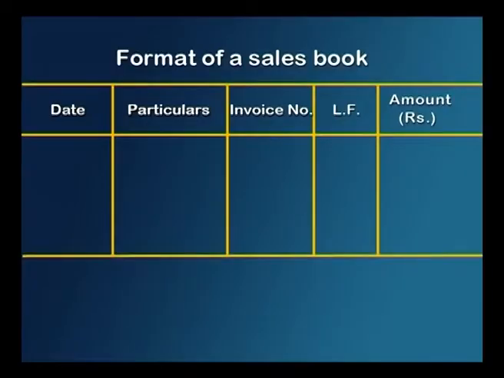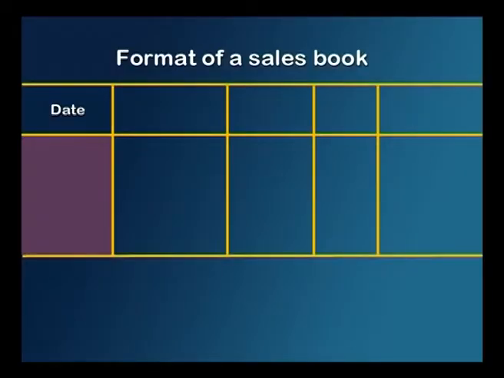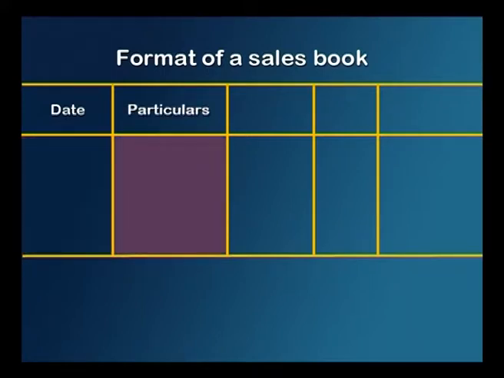The date column shows the date on which the sale transaction takes place. The particulars column records the details of the transaction, including the name of the party to whom goods have been sold on credit, specification of goods like quantity, size, details of the price and trade discount if any, etc. In the invoice number column, the number of the invoice issued by the business to the customer is written.